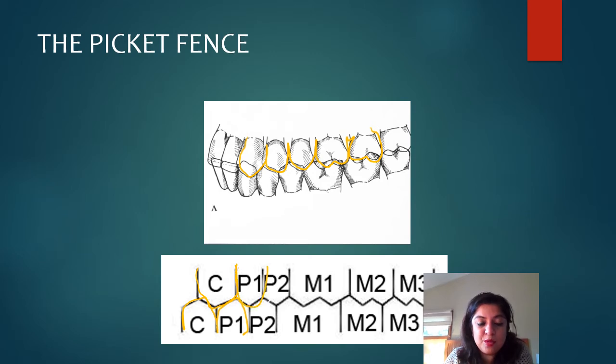The upper premolar 1 is in occlusion with the lower premolar 1 and premolar 2. The upper premolar 2 is in occlusion with the lower premolar and the lower molar. The upper molar is in occlusion with the lower M1 and M2. So if you remember this picket fence diagram, you'll know exactly which tooth. This is for a class 1 canine and molar occlusion.